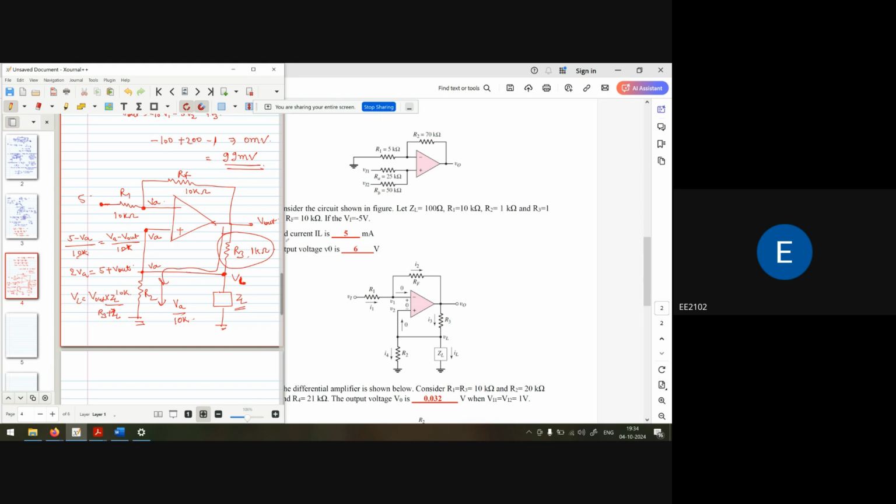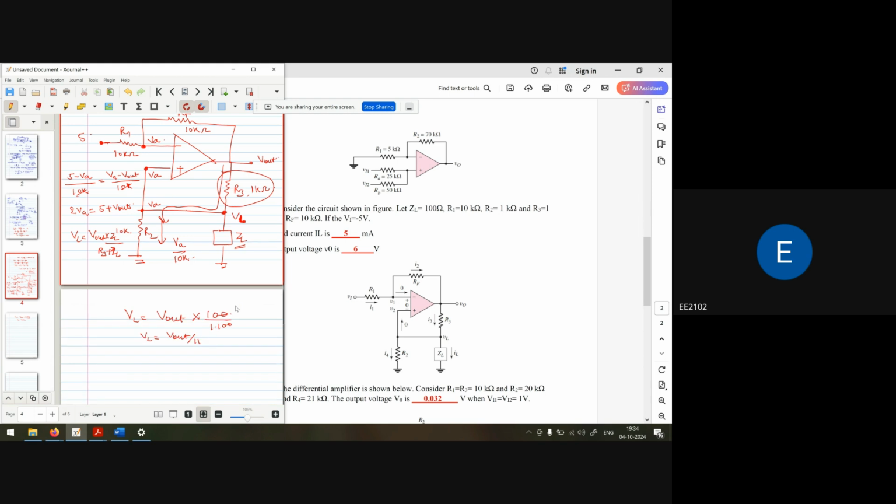So VL is equal to V out into ZL, which is 100, upon 1100. So VL is equal to V out upon 11. Now this VL and VA are same. So if I put the VL value here, 2V out upon 11 is equal to 5 plus V out.